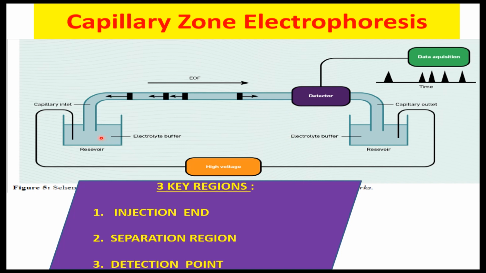Electrolyte buffer is there, capillary inlet, then we have a separation region in which the negative ions go towards the anode inlet, as we have seen in the previous slide, and the positive ions along with the neutral ions go towards the detector. Towards the detector, the positive ions hit the detector, creating peaks.